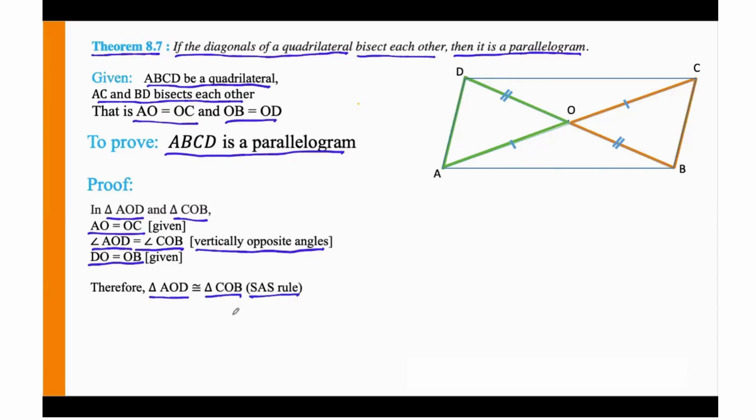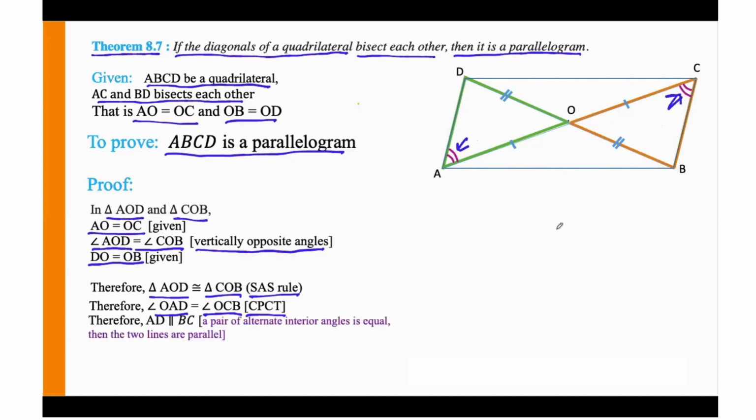Now, since these two triangles are congruent, we can say that angle OAD is equal to angle OCB by CPCT. Let's see which angles are they. So angle OAD, this angle is equal to angle OCB, this angle, by CPCT.